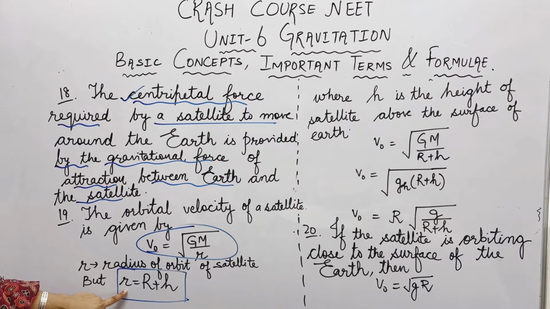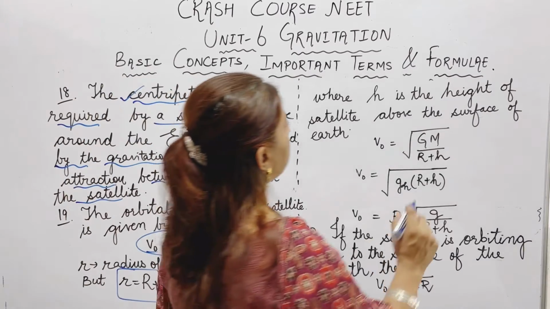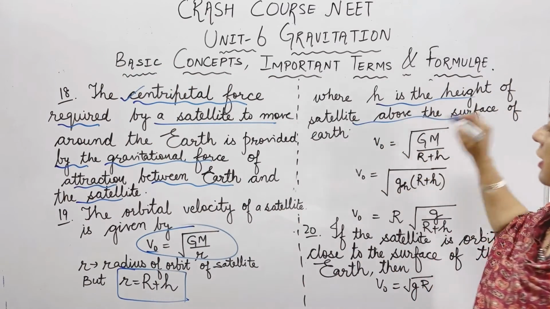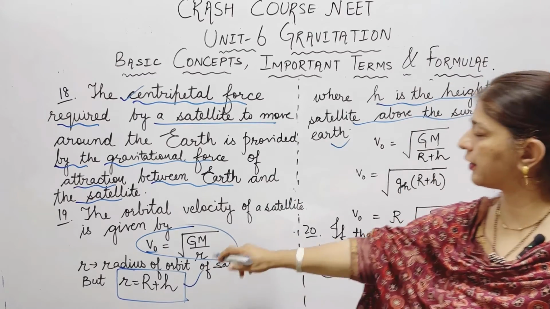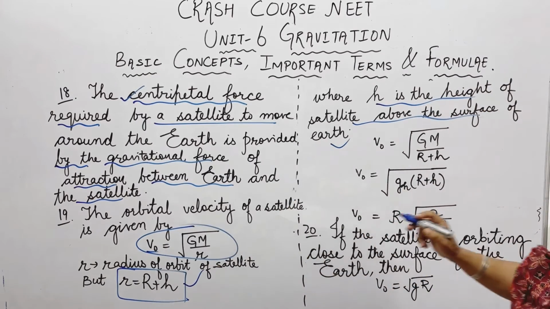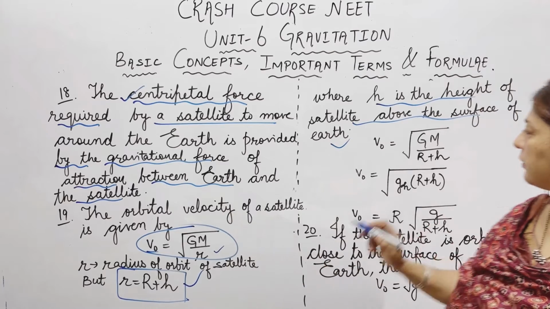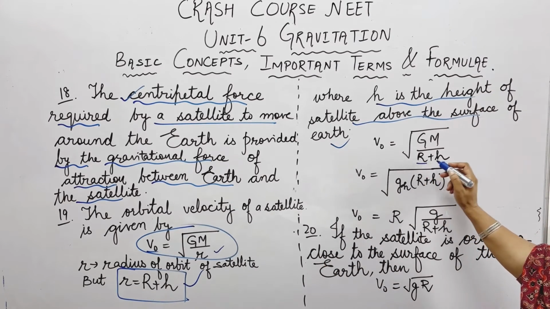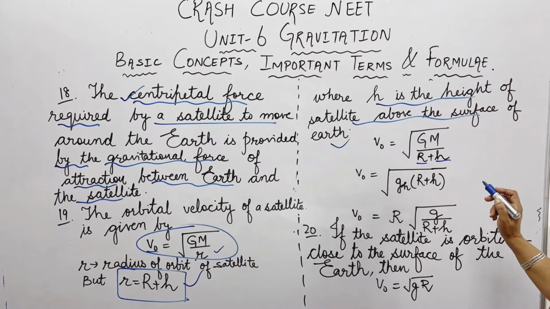So r is the radius of the orbit of the satellite from the center of the Earth, where h is the height of the satellite above the surface of the Earth. In place of this r, we can write capital R plus h, the radius plus the height at which the satellite is.